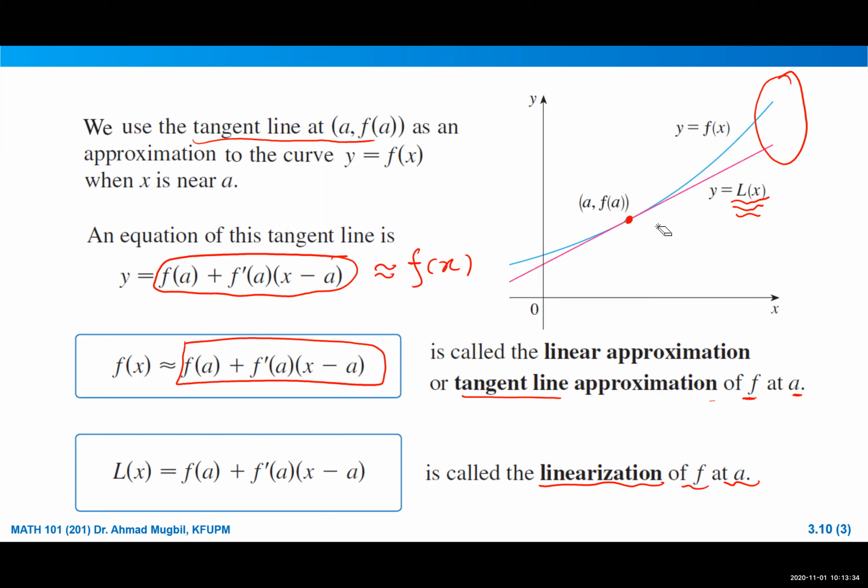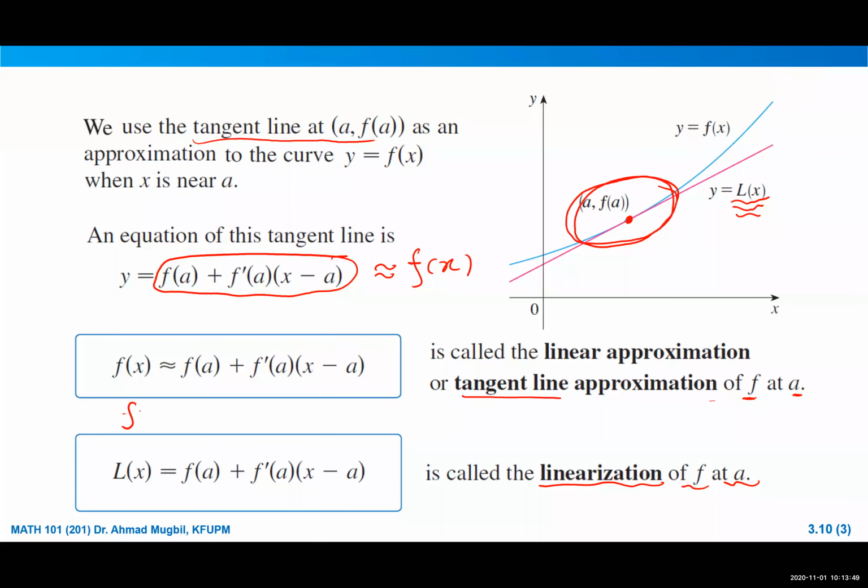It is only true when we are very close to A, near A. It is not true when we are far away; it will not be accurate, they will be different. To summarize this slide, the function is approximately equal to its linearization, and this holds near x equals A.